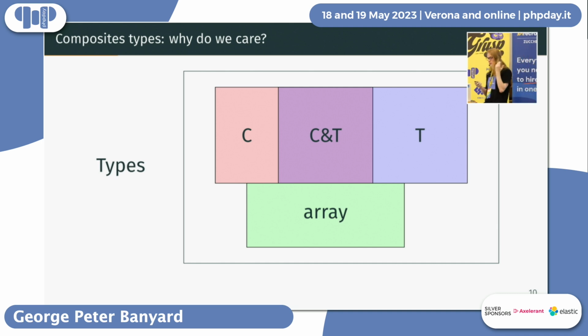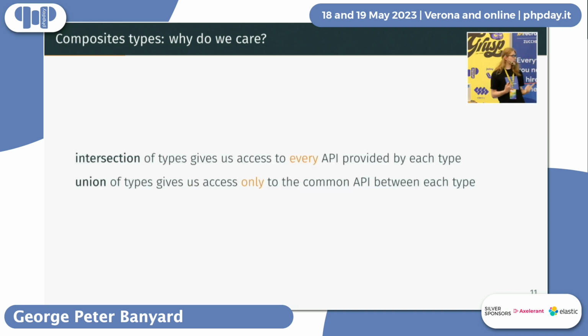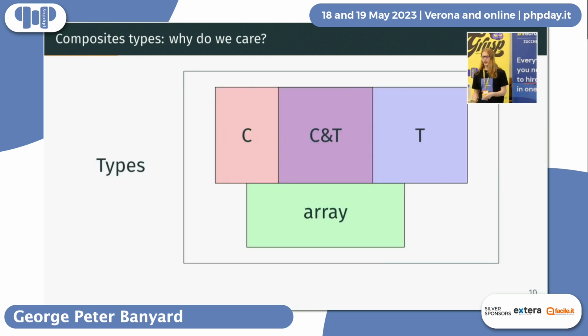So what this effectively means is that the intersection of types gives us access to all of the APIs that each of these types defines, whereas a union only gives us the common API between all of the types. So if I have something which is only of type Countable, I can only call count. If I have something of type Countable or array, I can still only call count on it, because I can't use any array functions or anything else. If I have something which is Countable and Traversable, it means I can count my object, but I can also traverse it in a loop.